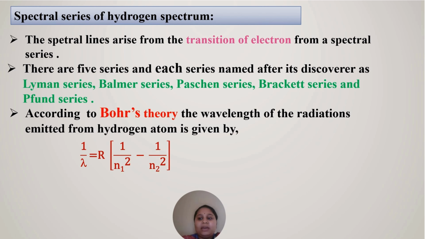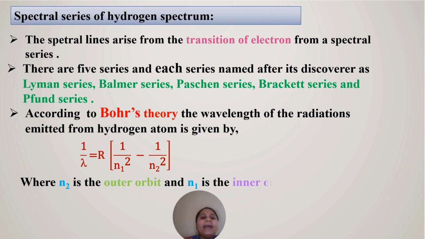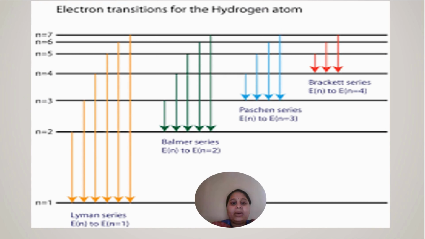Here n2 is the outer orbit and n1 is the inner orbit, so we measure the distance between the orbits. So n1 and n2 are taken.